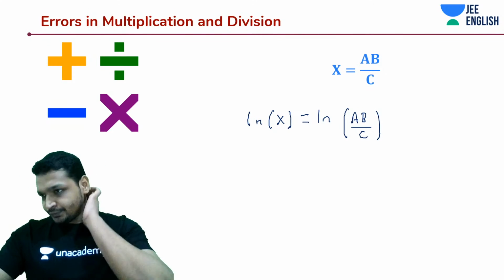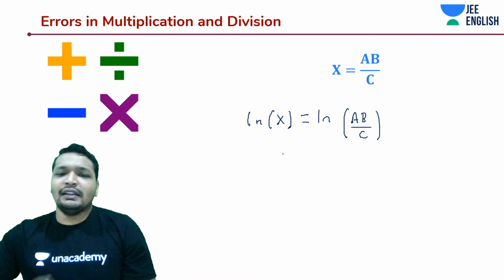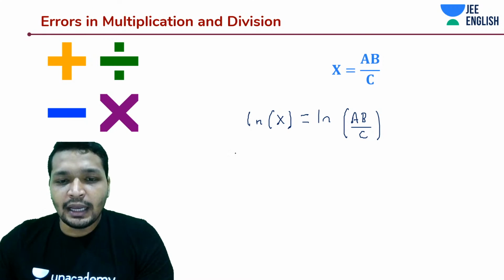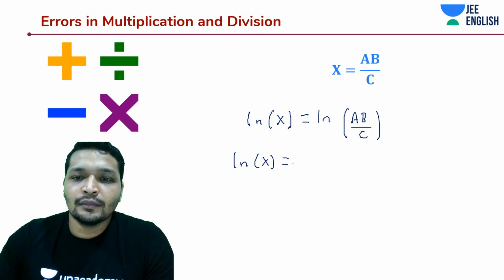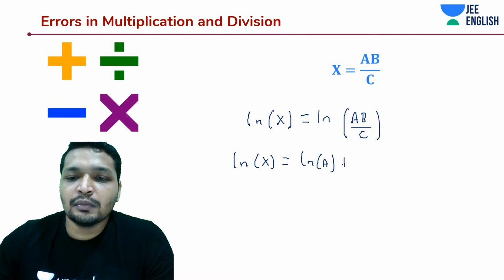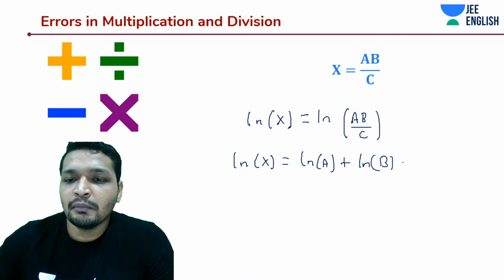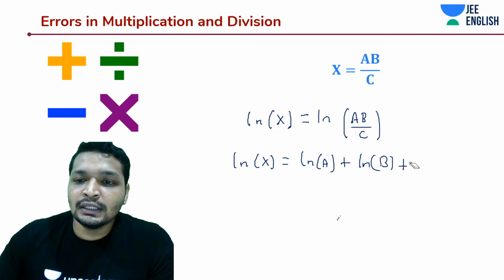Error is generally with respect to some measuring instrument. Anyway, let's move on and see. I want to find out what is going to be my error in log x. This can be written as log a plus log b minus log c. Isn't it, students? That's it.